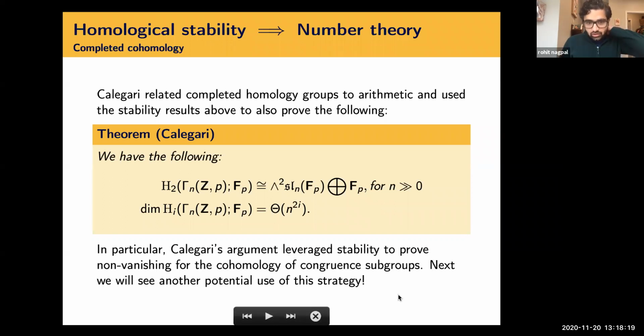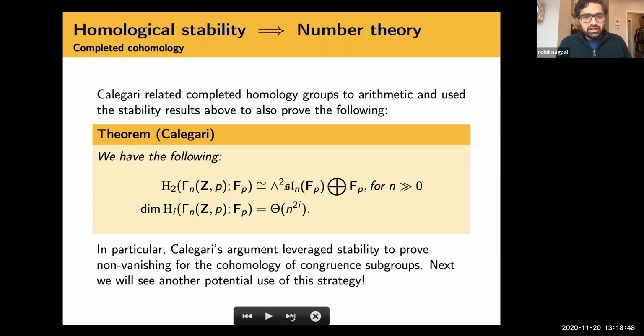I want to note an interesting thing about this proof of Calegari's. What they have done is that they have leveraged stability, the homological stability or representation stability, to prove non-vanishing, which is a potentially very useful strategy. I'll try to explain later how this can be useful.